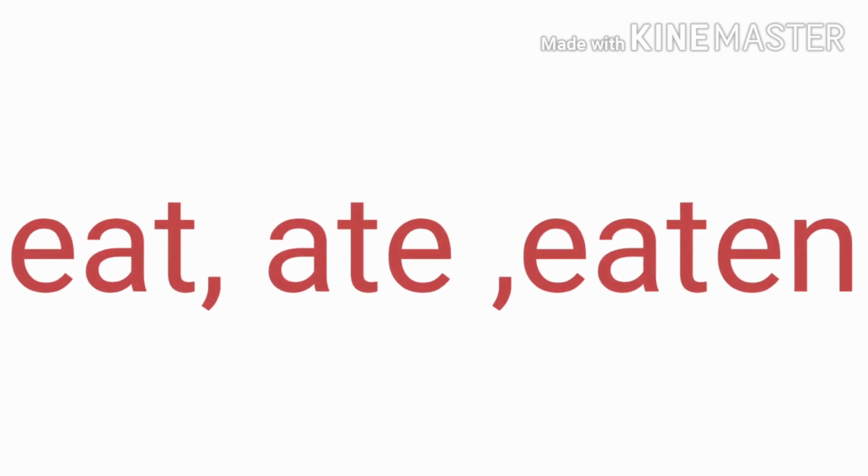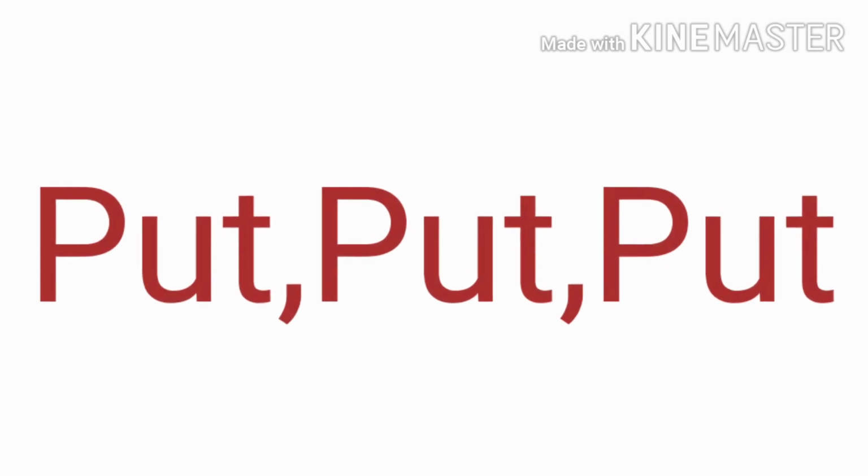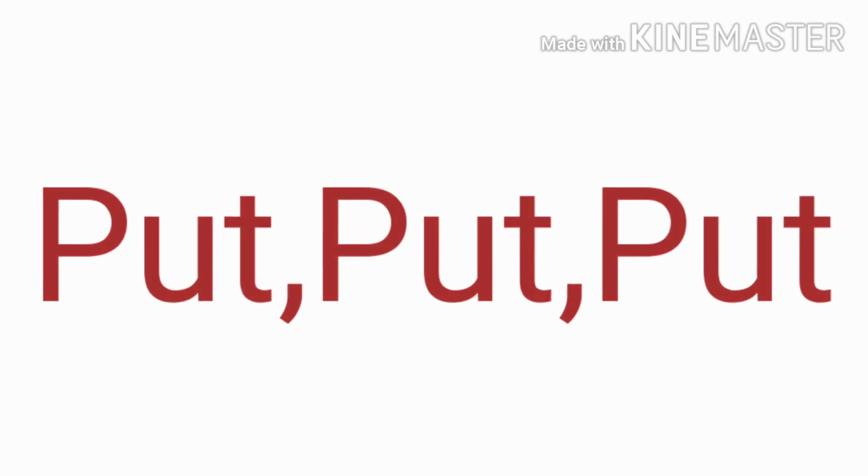Eat, ate, eaten. Okay. Then next, put. For put, there is no change in the second and third form. So you have to use put. Next example, arise. The second form of the irregular verb will be arose. Then break, broke.